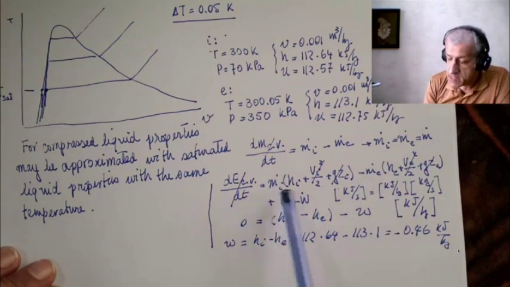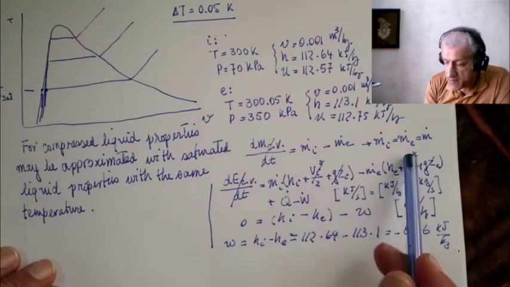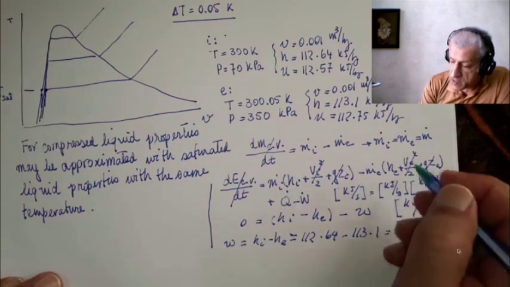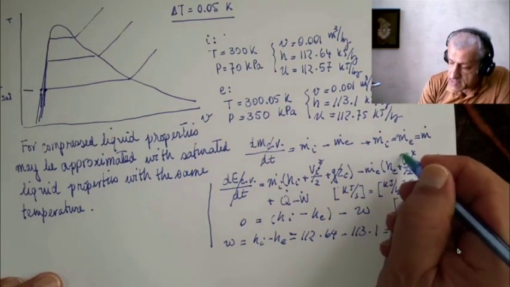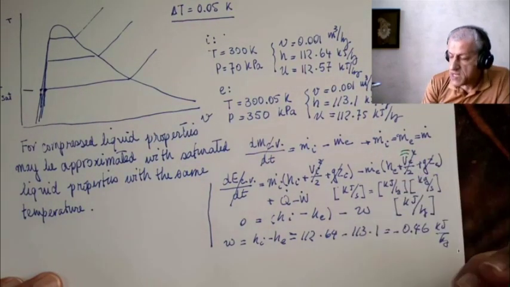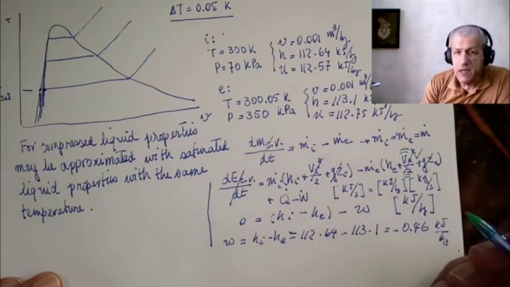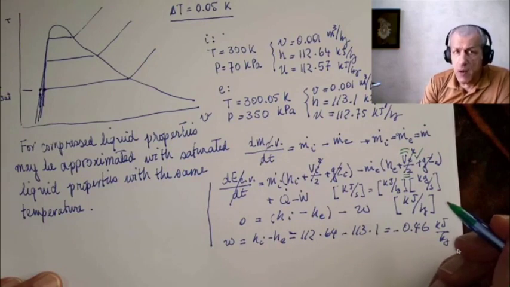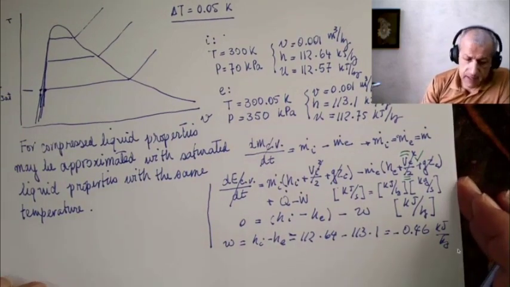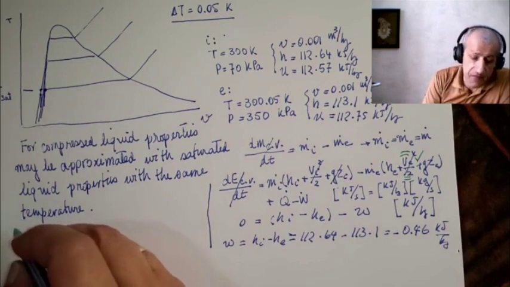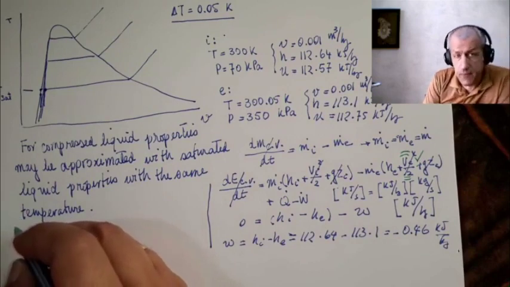Nevertheless, the velocity should increase. So there will be some v_e. v_e will not vanish. I write this second condition with green just to show that it doesn't vanish. We keep this term. So how much velocity could we expect? And the answer is this. There would be no increase in pressure.